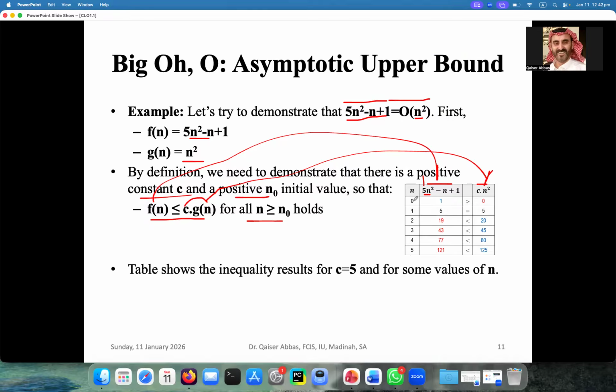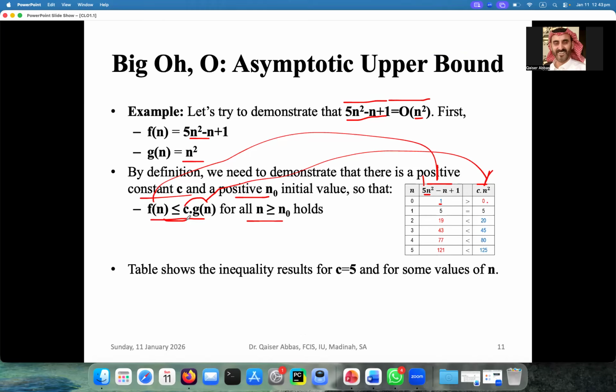So n is equal to 0. If you put n is equal to 0, this becomes 0, this becomes 0, and you have only 1 here. And here, whatever the value of c is, it will become 0. So f of n is greater than 0, and we have to prove f of n is less than or equal to.